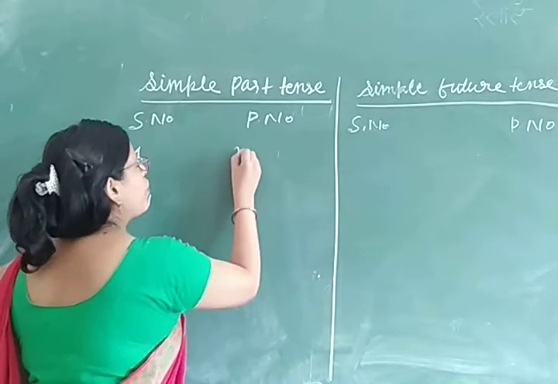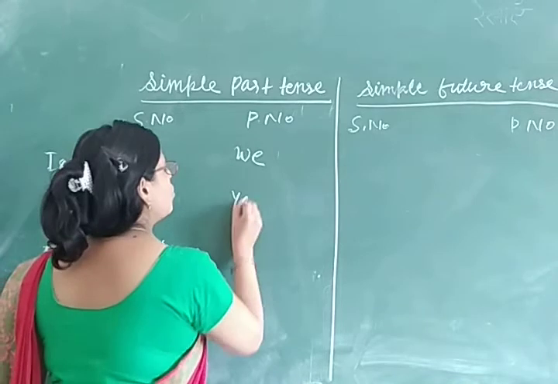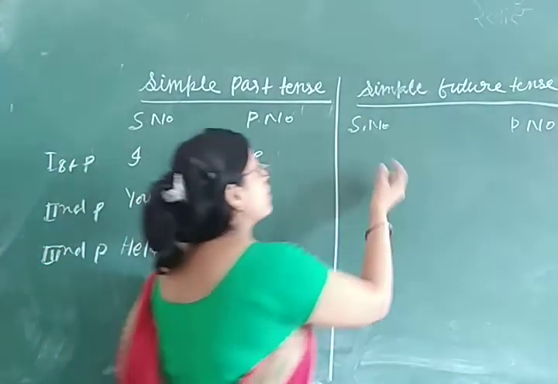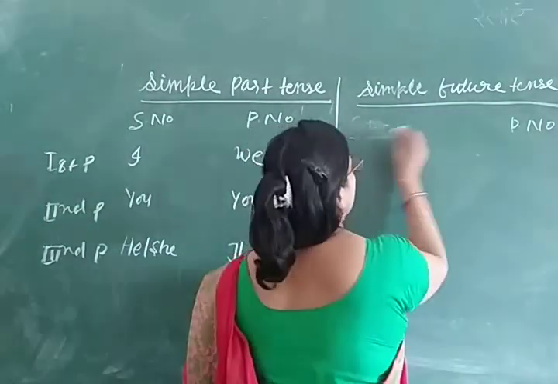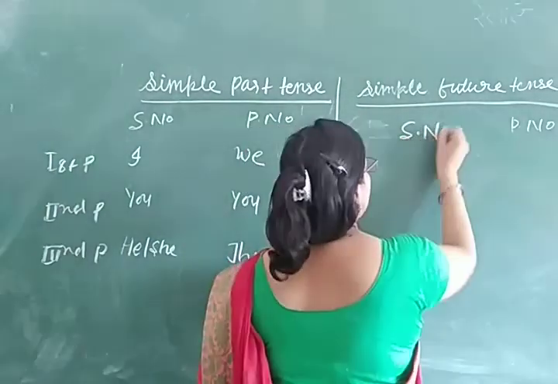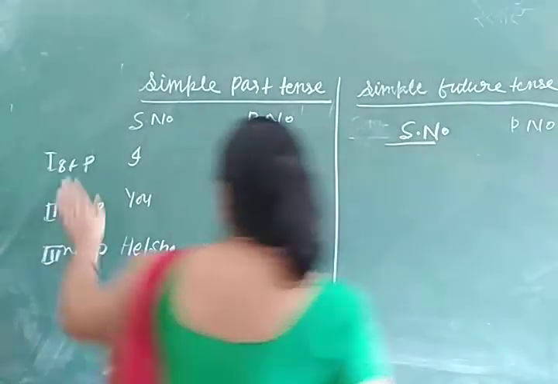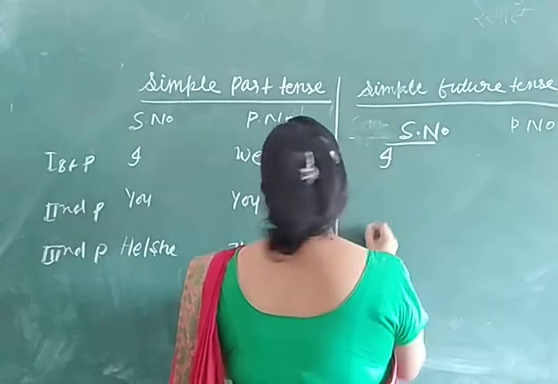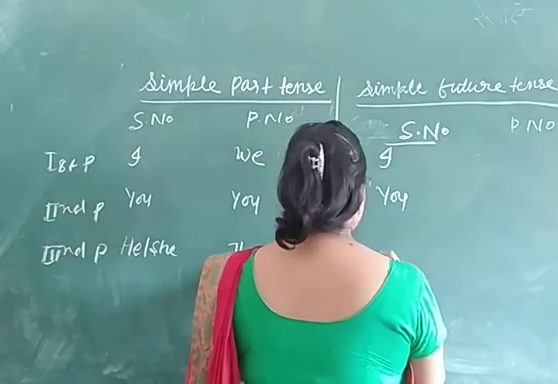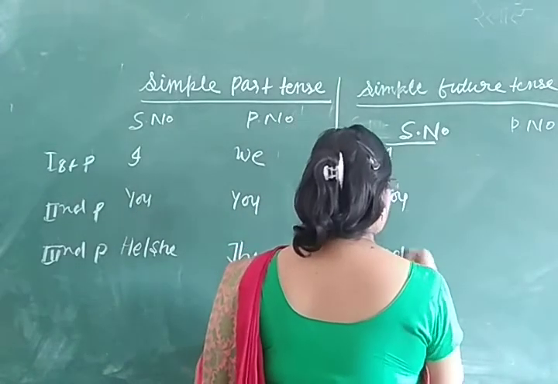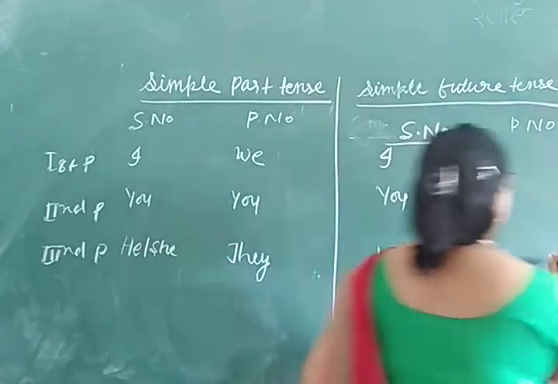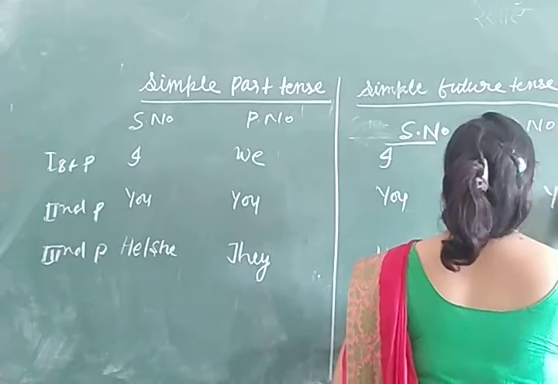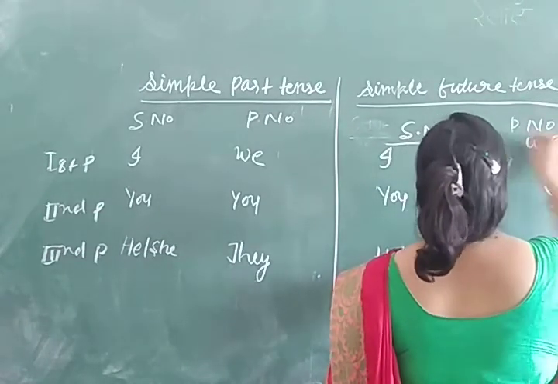Alright, we, then you, then they. Here we will write singular number. Alright, so this is first person. Just below I will write I and then you, and here he, she, or any name, or this side we will write here they, here you, here we.